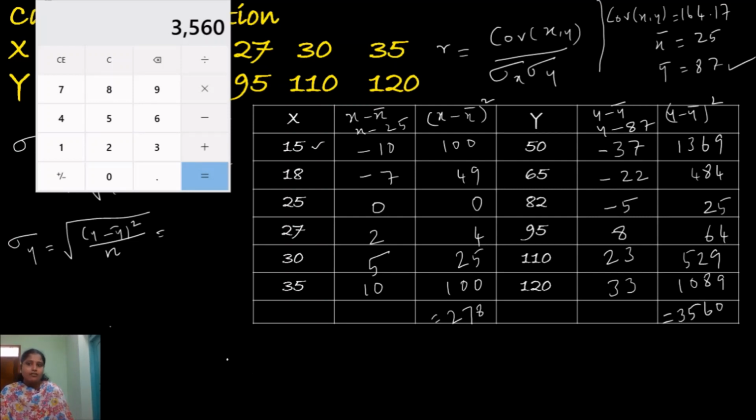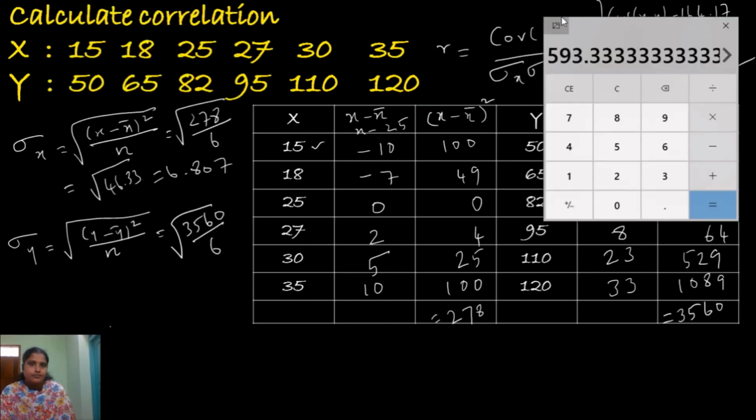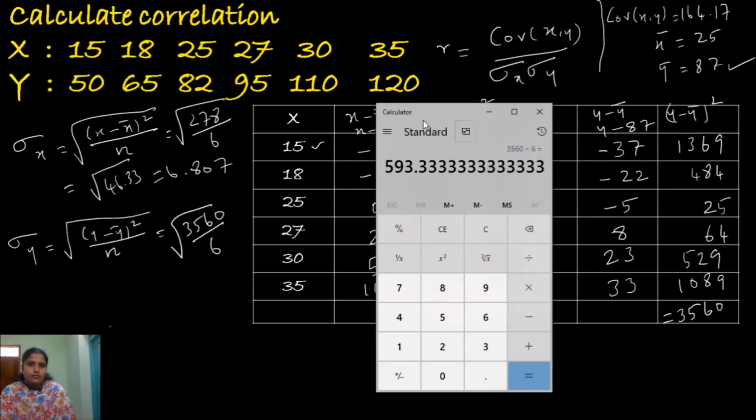So now we calculate sigma y, which is the square root of the sum of y minus y bar the whole square, 3560, over the number of observations, which is 6. When we divide this by 6, we get 593.33.